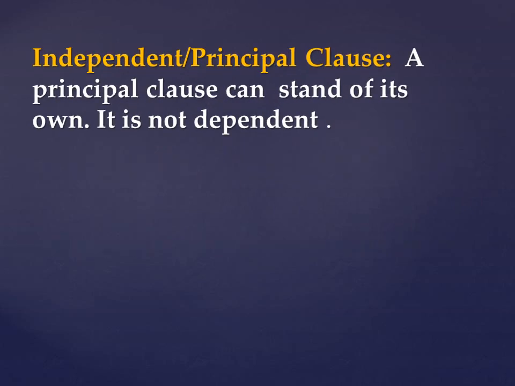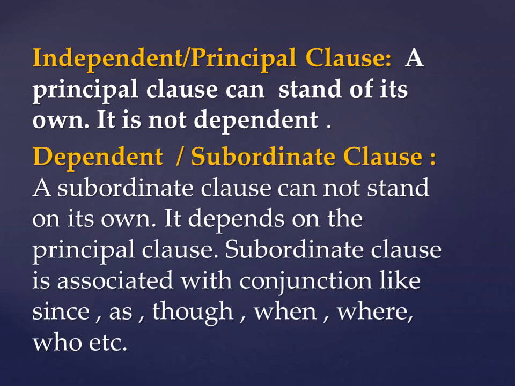Let's learn more about them. First of all, independent or principal clause. A principal clause can stand on its own. It is not dependent, as I told you. And a dependent or subordinate clause cannot stand on its own. It depends on the principal clause.